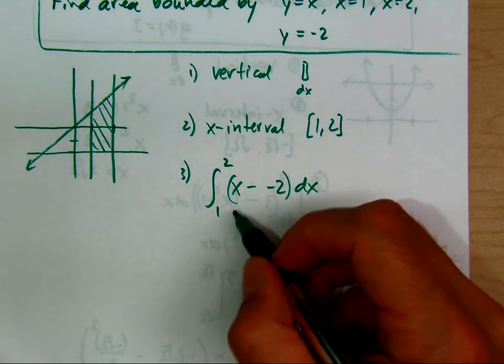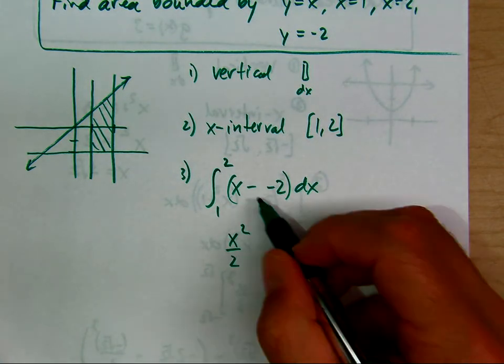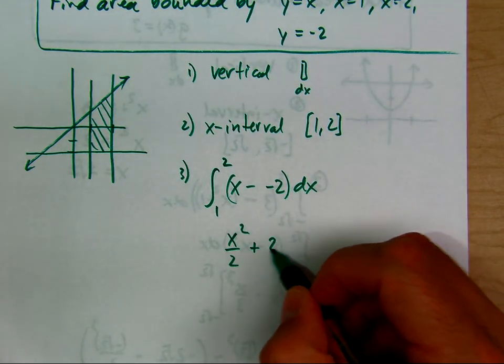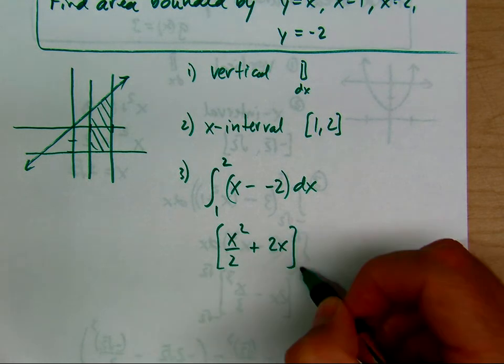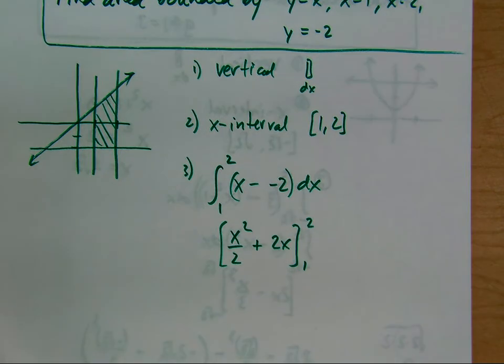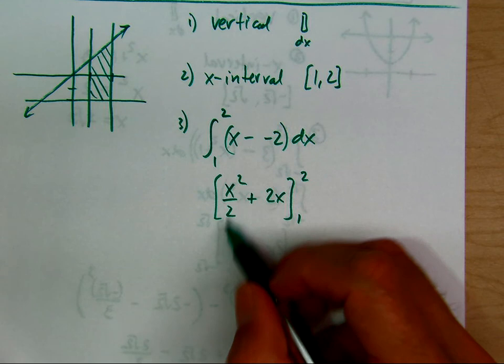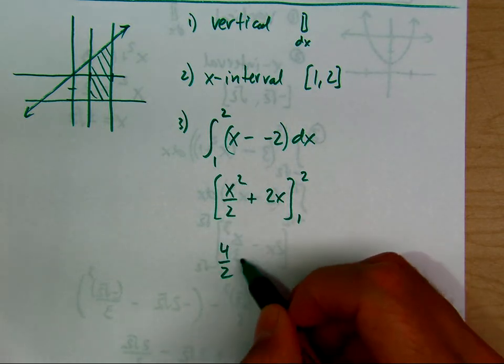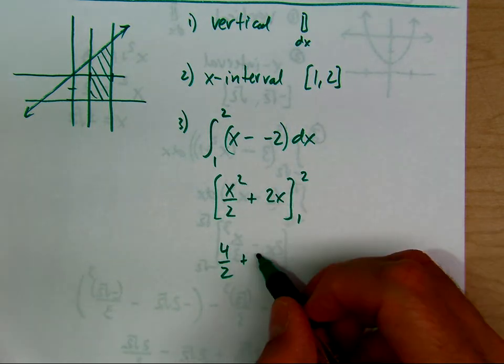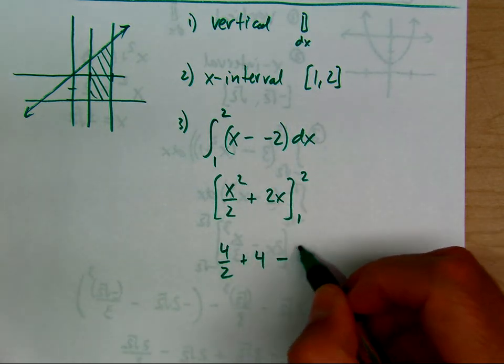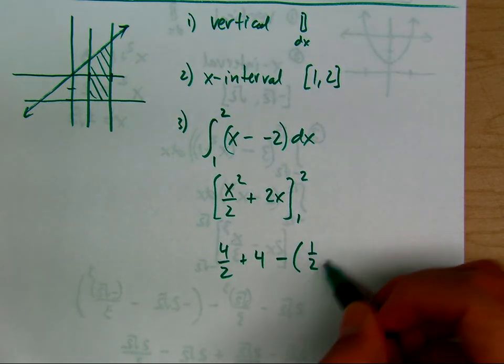So we'll have x squared over 2, that'll be plus 2x. And substitute the 2, we'll have 2 squared, 4 over 2, and then 2 times 2, 4, minus 1 over 2, plus 2.